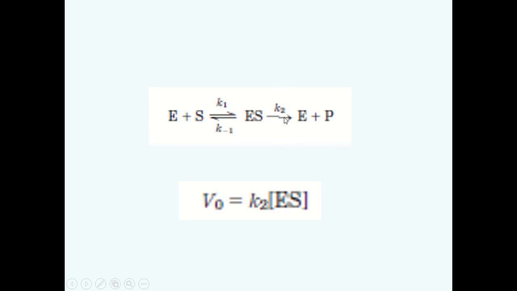The rate of reaction is given by the rate constant multiplied by the concentration of the reactant. For this part of the reaction, the reactant is the enzyme substrate complex. So the rate of reaction will be given by this expression, rate constant K2 multiplied by the concentration of the reactant, which is the enzyme substrate complex here.